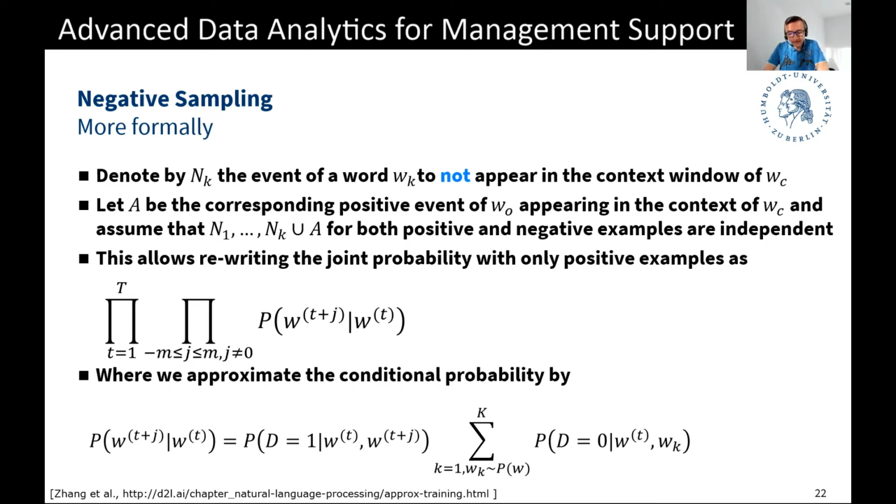We approximate that by the product that we had before, the probability of the positive event times the probability of the negative event for all the negative words. The assumption of independence is used here and justifies this product that we see. And then basically we say, well, the overall probability is the probability of observing the positive event and those of the negative events.